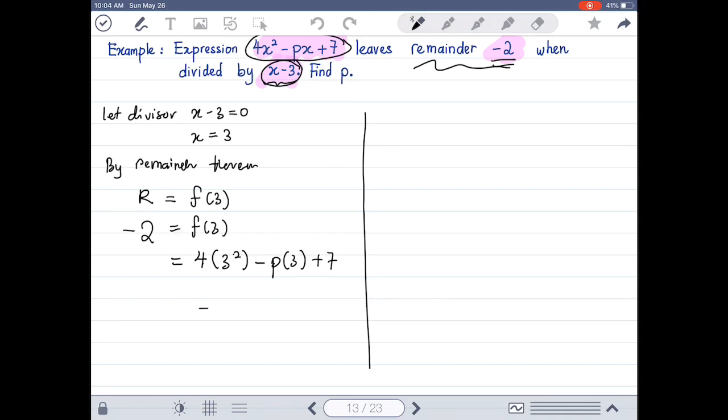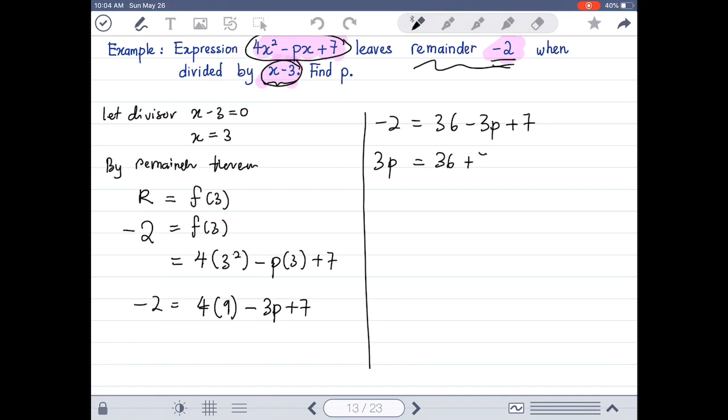Negative 2 equals 4 times 9, which is 36, minus 3p plus 7. 3p is equal to 36 plus 7 plus 2.